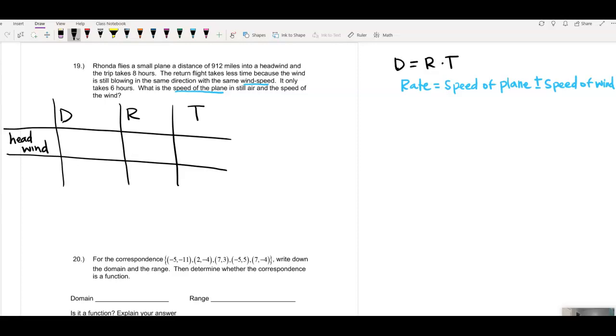So Rhonda flies a small plane a distance of 912 miles into a headwind, and the trip takes 8 hours. The return flight takes less time because the wind is blowing in the same direction, right? So we got a headwind, and this other one, if it's going with you, it's called a tailwind. So they might use that word too.